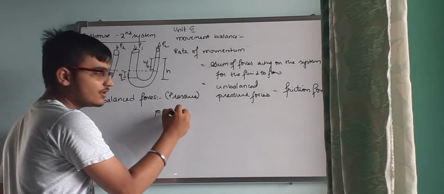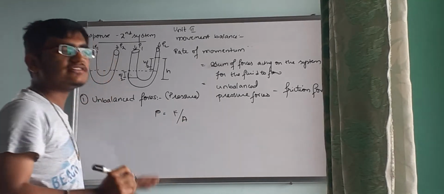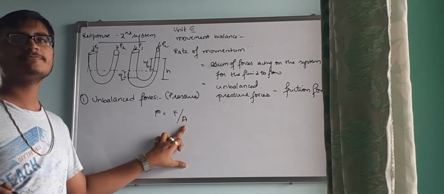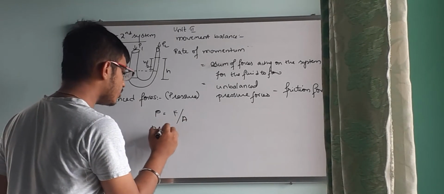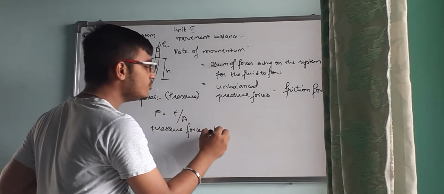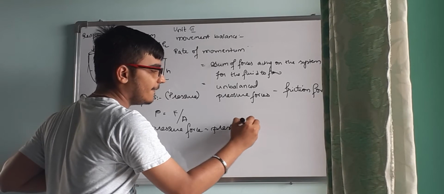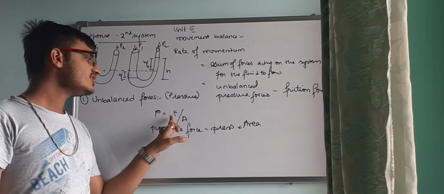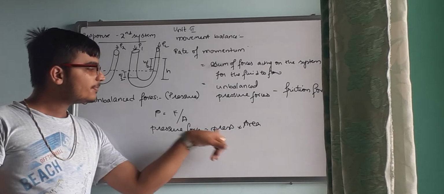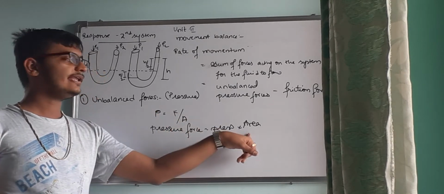Force per unit area is pressure, right? Force per unit area is given as pressure. So what is the pressure force? Pressure is equal to force per unit area, so the force will be pressure into area, isn't it?